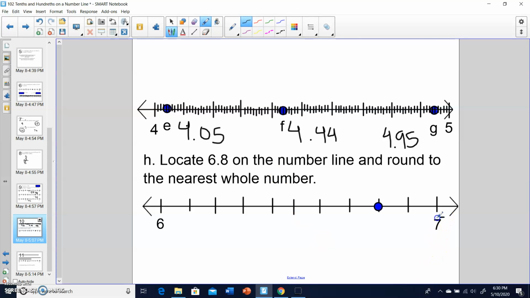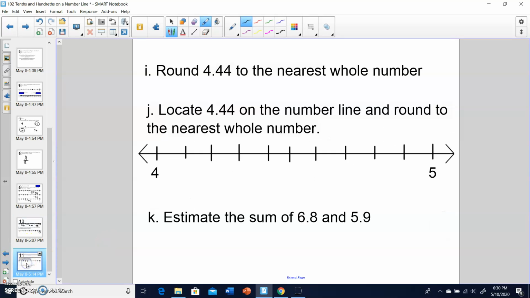Okay, it is closer to the 7, so I would round it to 7. Okay, round 4 and 44 hundredths to the nearest whole number. Okay, so is 44 closer to 4, or would I round it up to 5? Okay, I would round it to 4.